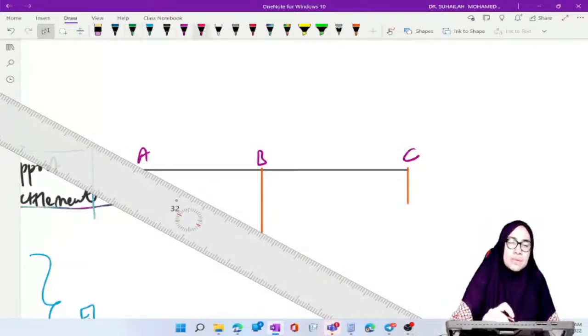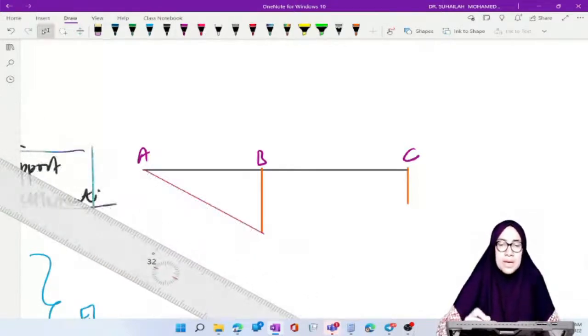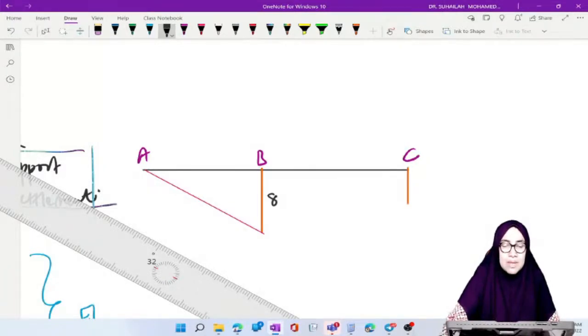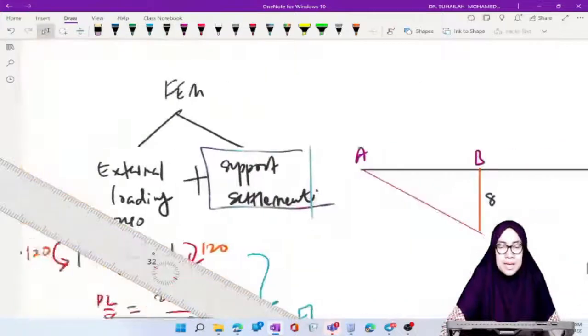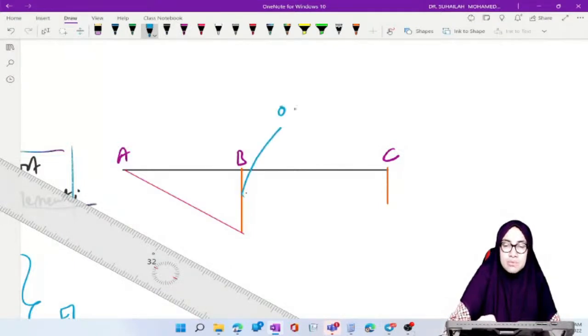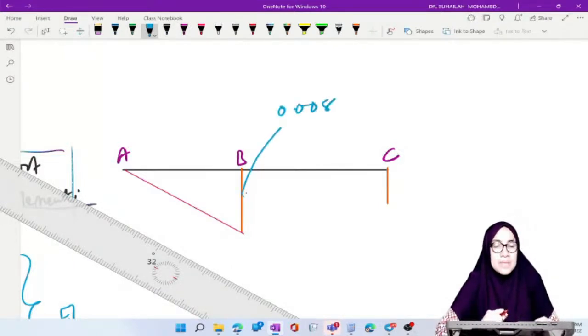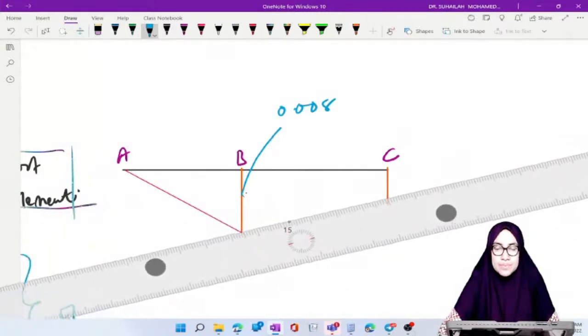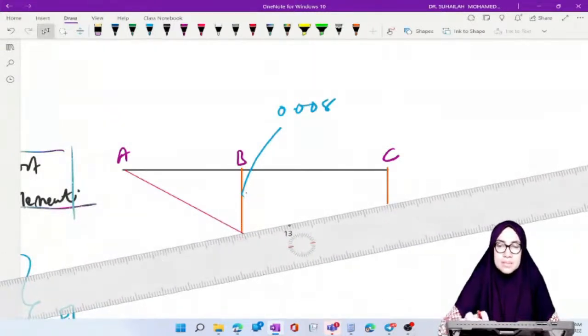The length of this is 8 mm, so it is 0.008. And then at C it is 0.004.